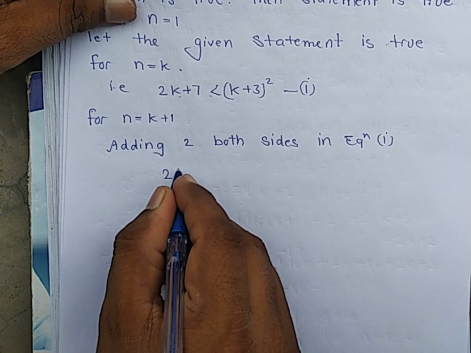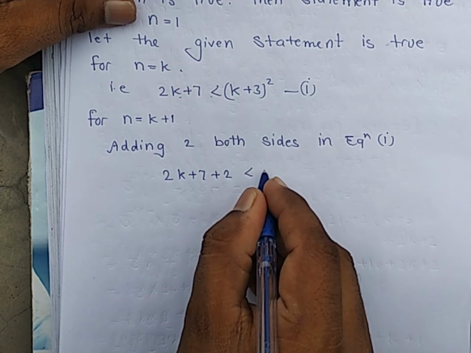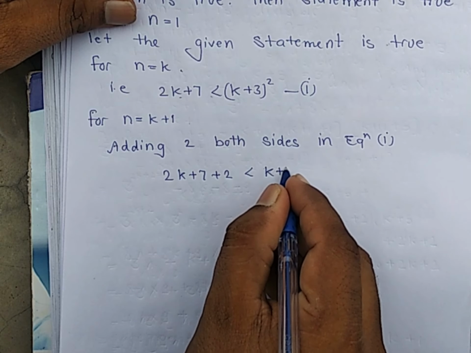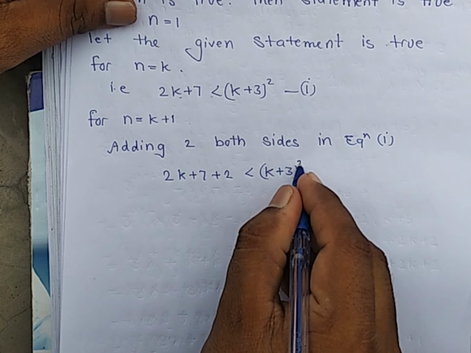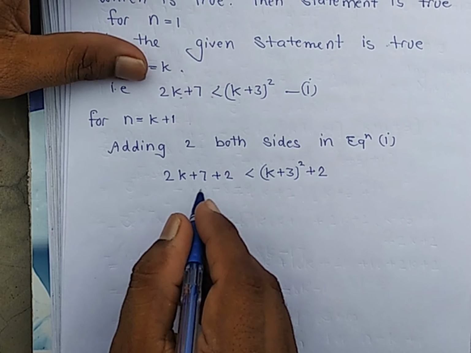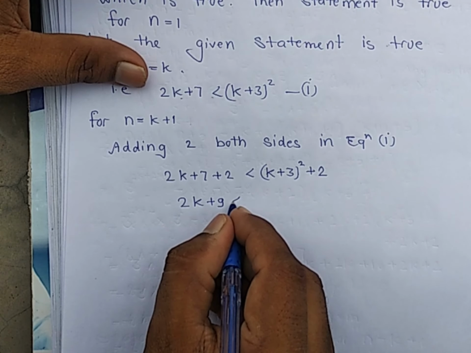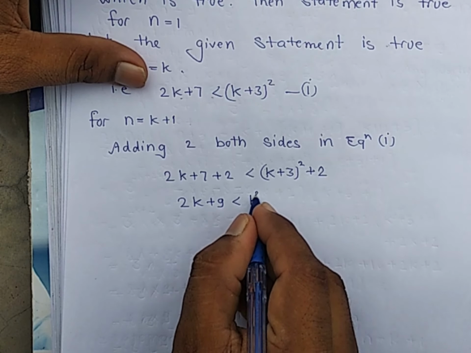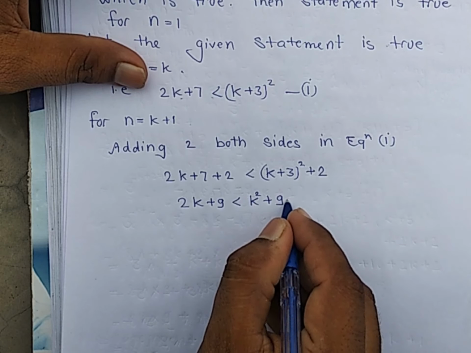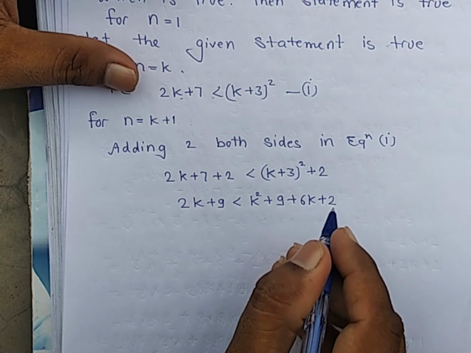We have 2k plus 7 plus 2 and k plus 3 whole square, then we have the value 2k plus 9 and k square plus 9 plus 6k plus 2.